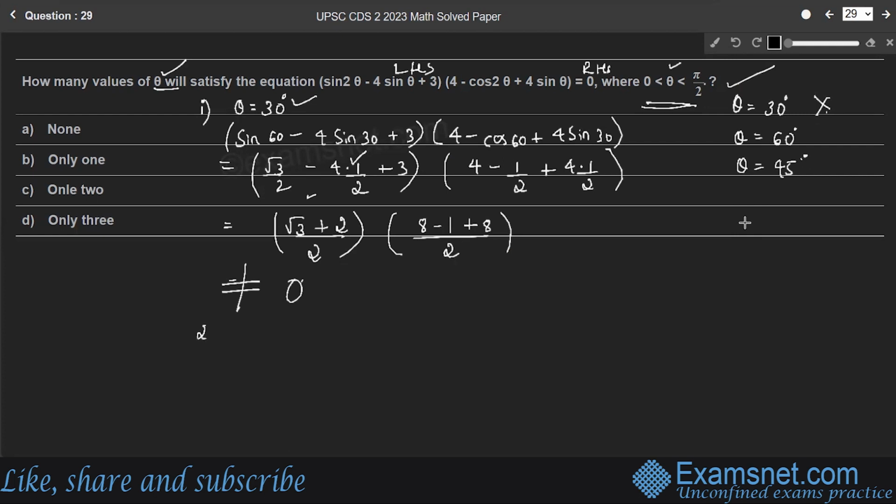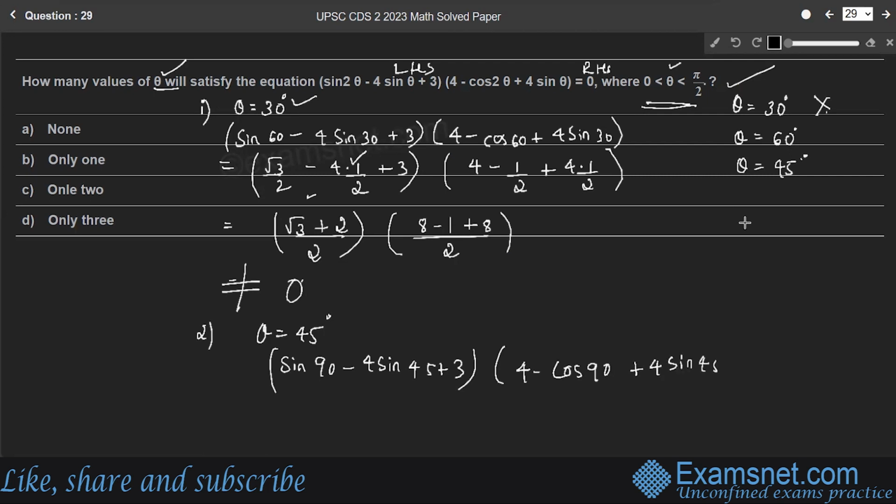So, let us take theta as 45 degrees. The given equation becomes sin 2θ, which is sin 90 degrees, minus 4 into sin 45 degrees, plus 3, into 4 minus cos 2θ, which is cos 2 into 45 degrees, cos 90, plus 4 into sin 45 degrees.